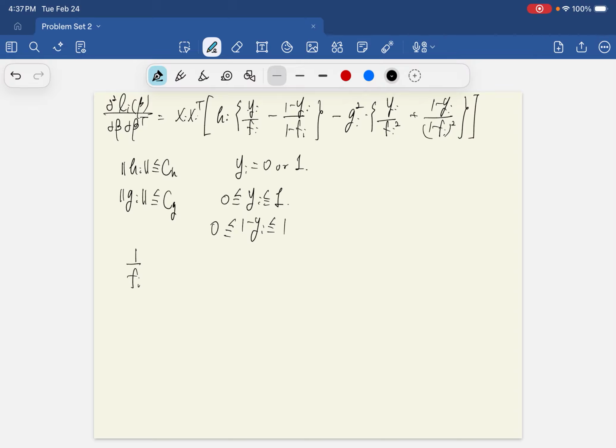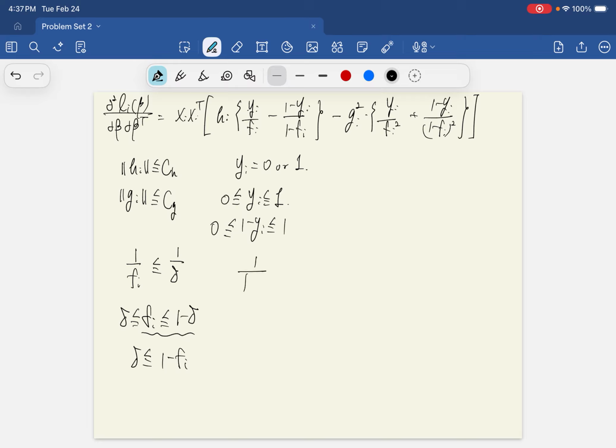To bound it, we are going to use the lower bound for f. If f is greater than delta, that means 1 over f is smaller than 1 over delta. Similarly, if f is less than 1 minus delta, then this inequality means 1 minus f is greater than delta.